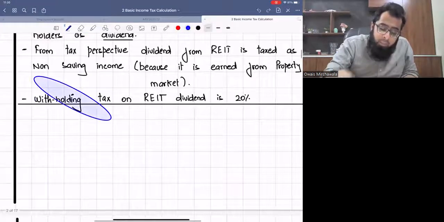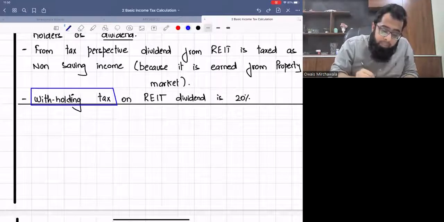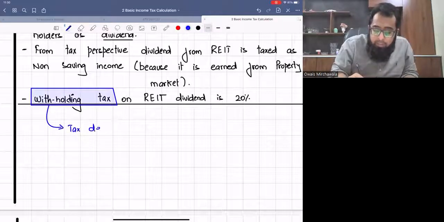Now you must be thinking, what is withholding tax? Basically, withholding tax means tax deducted at source.